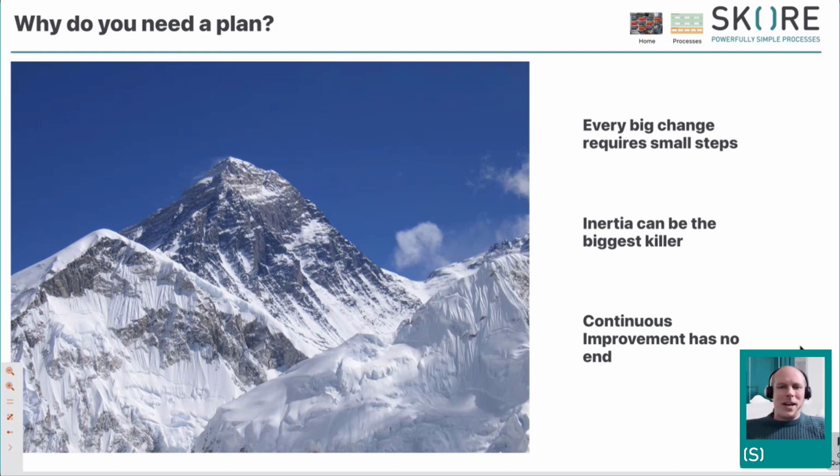But as you start to build different processes out, you'll see how they connect together and the picture will start to emerge as you progress. So that advice about just getting started is because inertia in these projects is often the main thing that stops them. It prevents them from happening in the first place, or there's prevarication, talking a lot about what to do and not actually doing it.